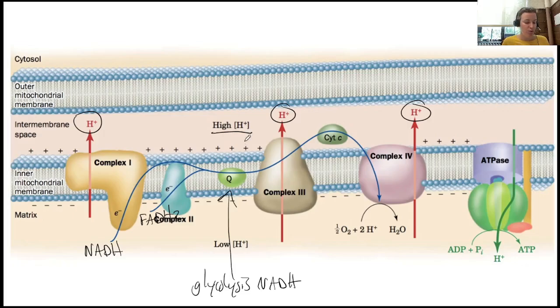If energy is released by the movement of these electrons through the electron transport chain, we can understand that that energy release is stored as the proton gradient, because the energy release was used to move protons from a low concentration to a high concentration, which we would say is against their gradient. Today we're going to see that these protons were stored, the energy was stored, and it's going to be used as they fall back down their gradient to eventually synthesize ATP.